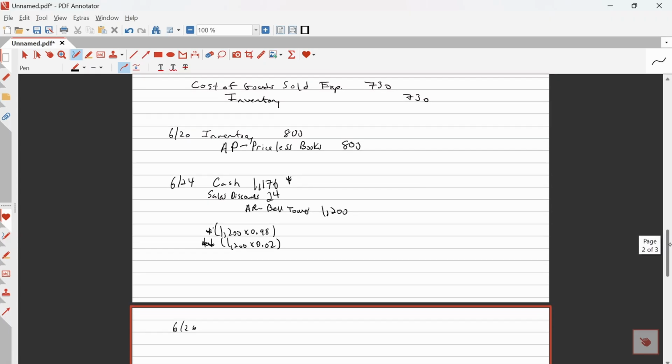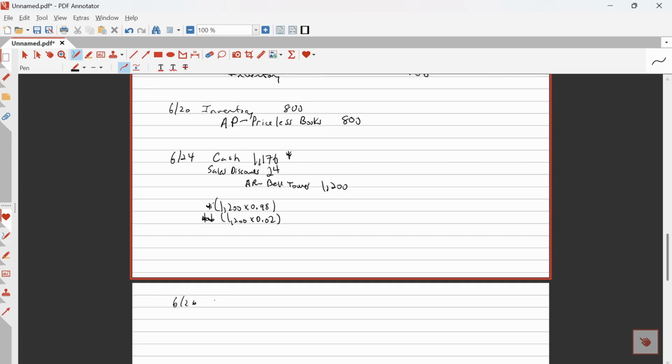So originally, the 20th, so we're paying off the $800 account, but we only have to pay 99% of $800. So we're going to reduce the account that we have with them in full.